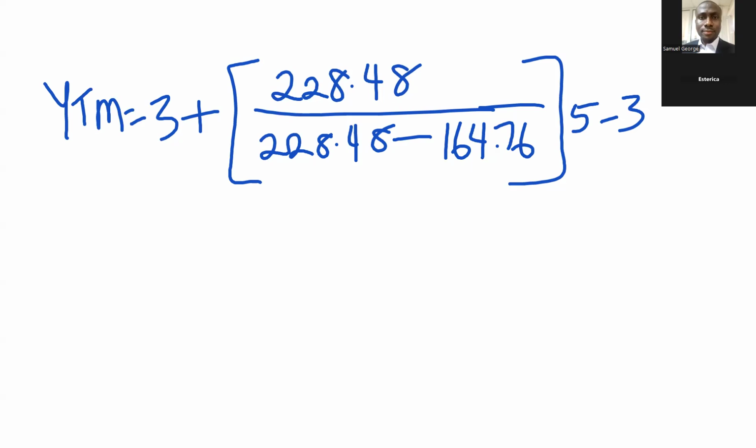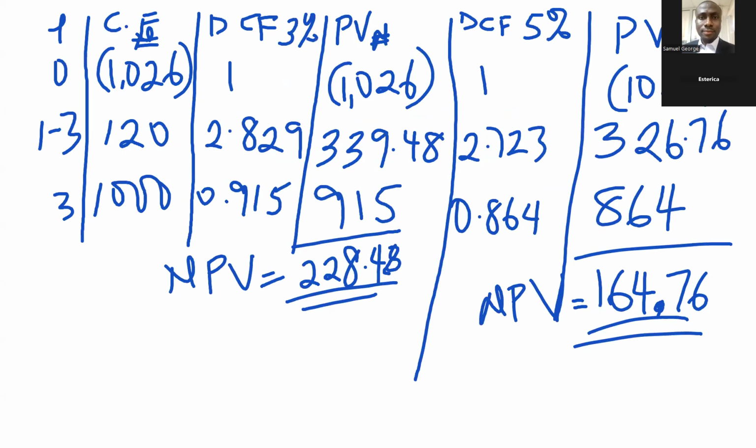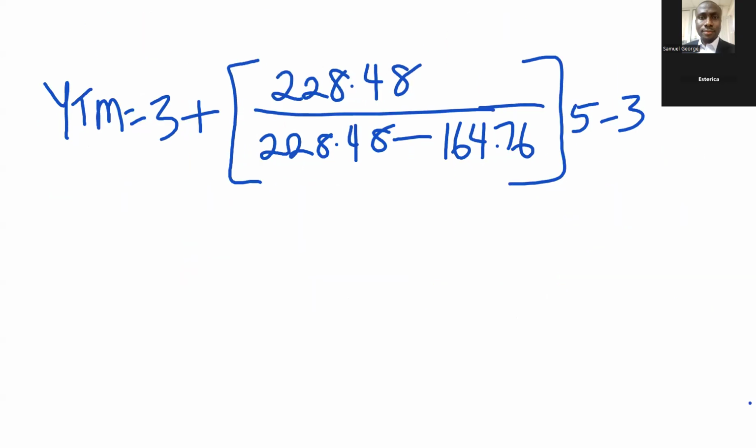So I'll say 228.48 divided by, open a bracket, 228.48 minus 164.76, close the bracket, equals this, times 5 minus 3, that's 2, equals this, plus 3.